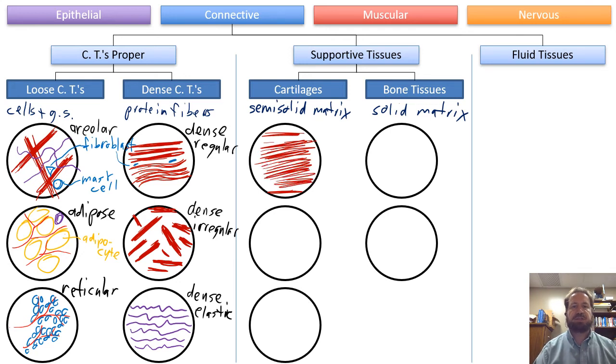And then basically we see a scattering of light pink. I don't have a light pink color, sorry. A scattering of light pink matrix all over the cartilage.